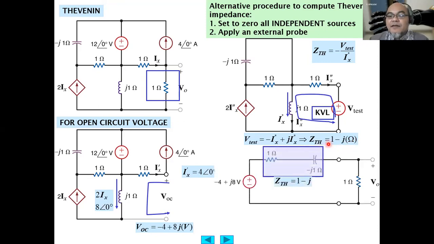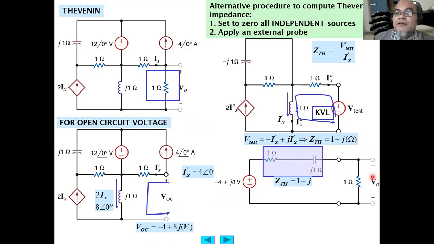Then from here we obtain already the impedance and the open circuit voltage. Then we make them in series as a Thevenin equivalent circuit from this terminal: the minus 4 plus J8 volt voltage source in series with 1 minus J ohm, then connected to the 1 ohm resistor here.